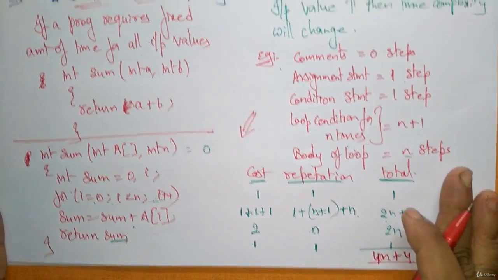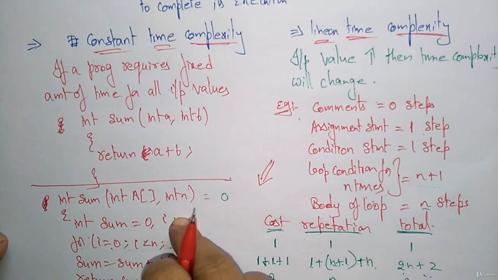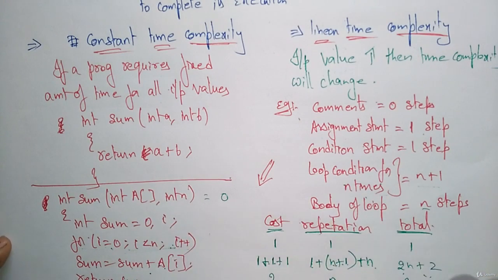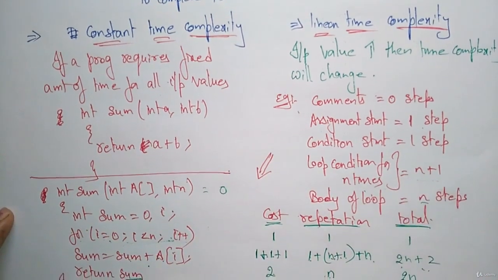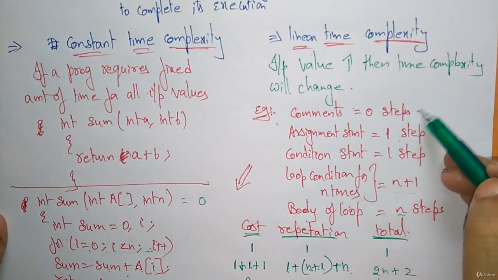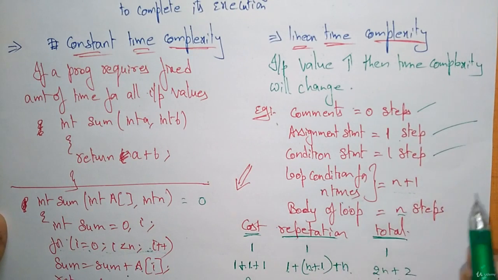This is the total time complexity for this program. This is how you calculate the time complexity for whatever program or algorithm they give you. So these are the steps you have to note. Comments take 0, assignment statements 1, condition statements only 1.